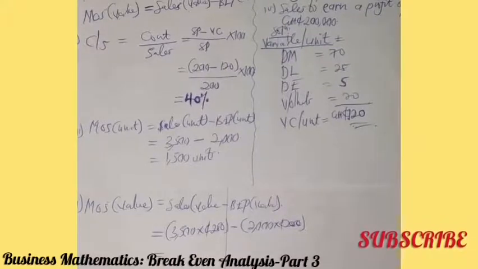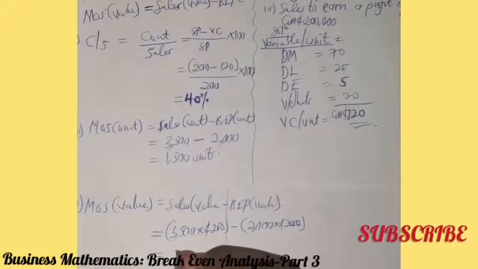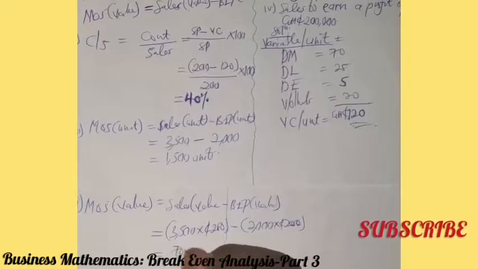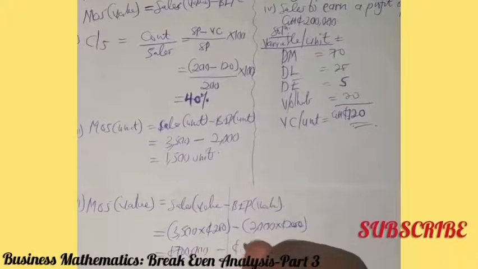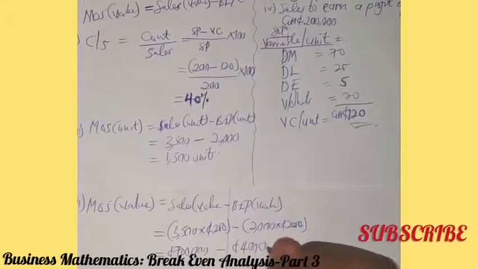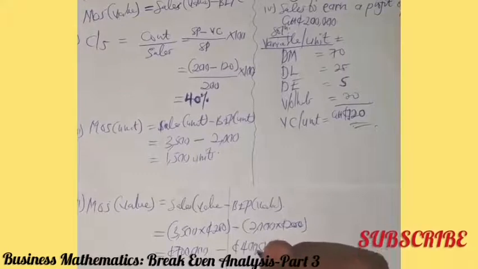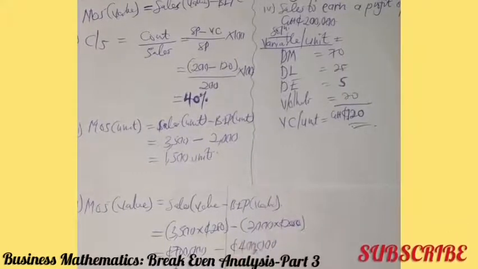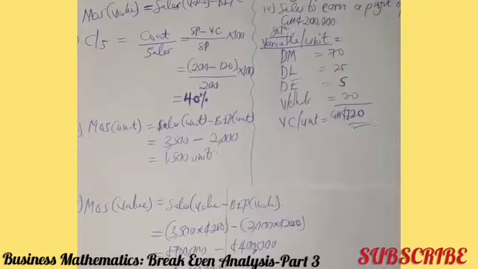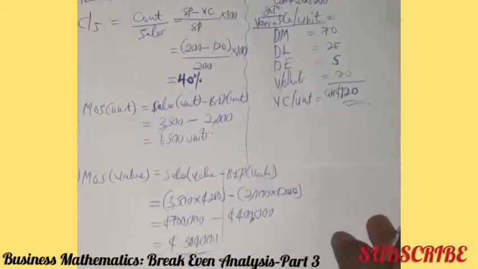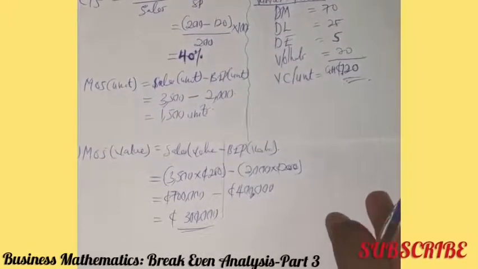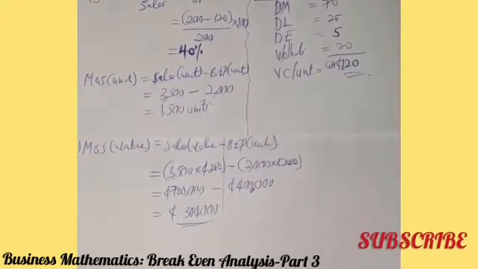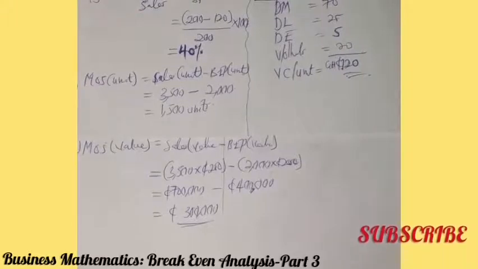So at the end of the day, I'm going to have this to be 700,000, then this one to be 400,000. You can also check it with your calculator. So here I'm going to have 700 minus 400. I'm going to get 300. So 300,000. And I see this as my margin of safety in terms of value. Okay, so that's my margin of safety in terms of value.